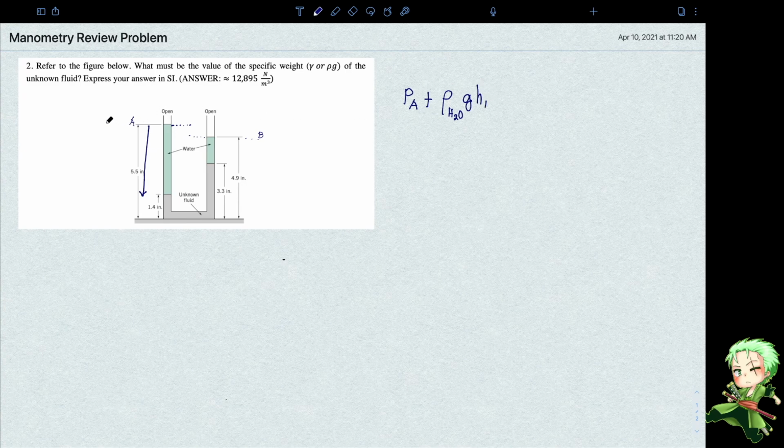So take note that my H1 is just from the top up until the interface of the water and the unknown fluid. That is my H1. Now the next thing that I could do is take the rho g h of this fluid, but take note I will add a pressure from that point up until the bottom.